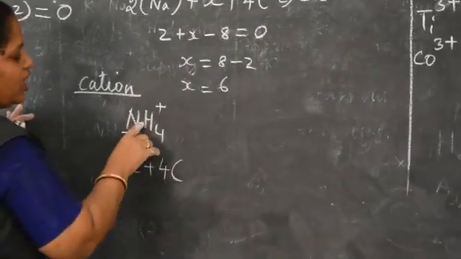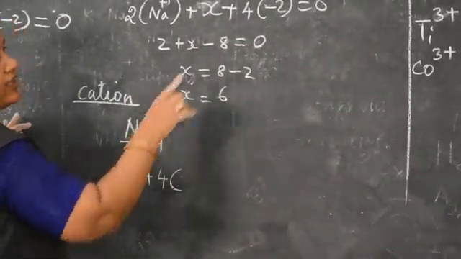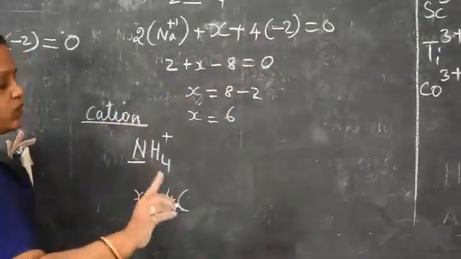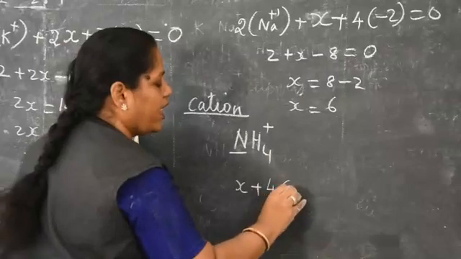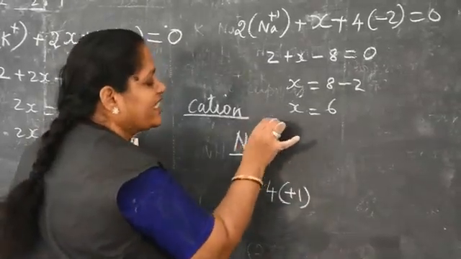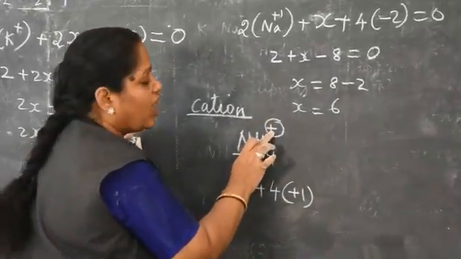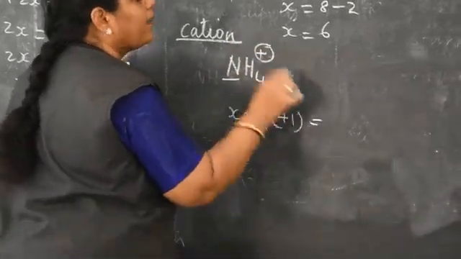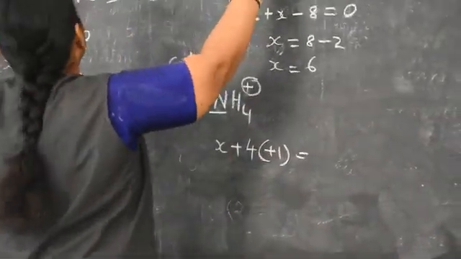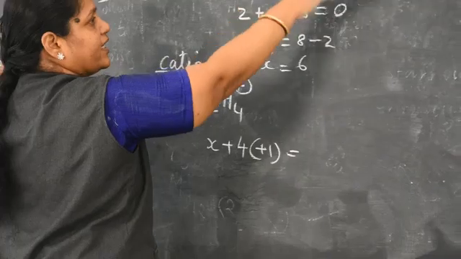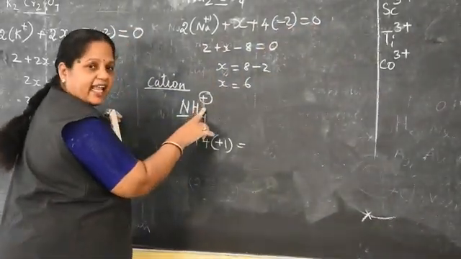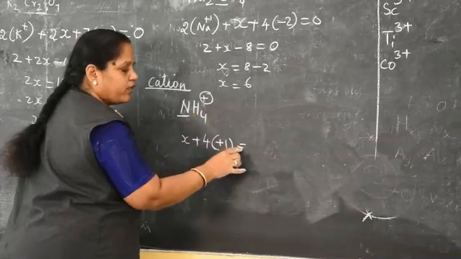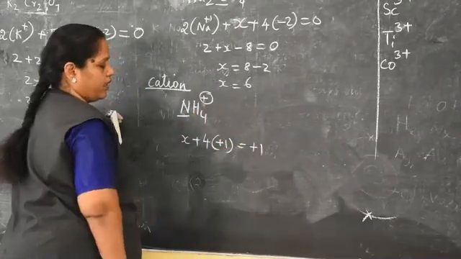Now what is the charge of this one? Hydrogen is usually plus 1. Only in metal hydride it carries minus 1, that's why I put plus 1. Now what is its net charge? The net charge of this ion is plus. The previous two compounds do not carry any charge, that's why I put equal to 0, but here it carries a positive charge, that's why I put this equal to plus 1.